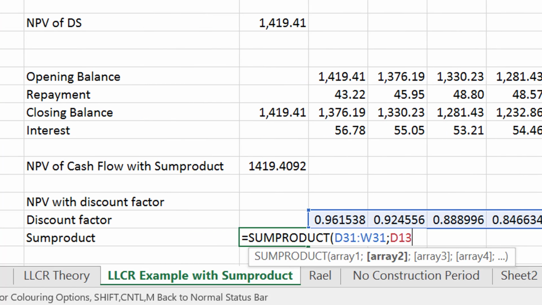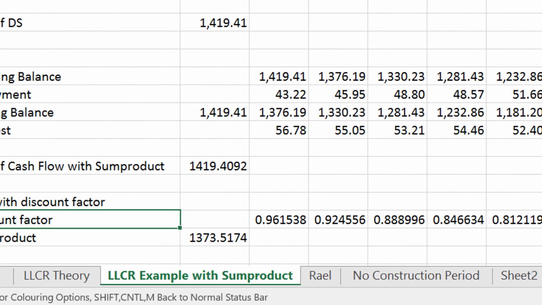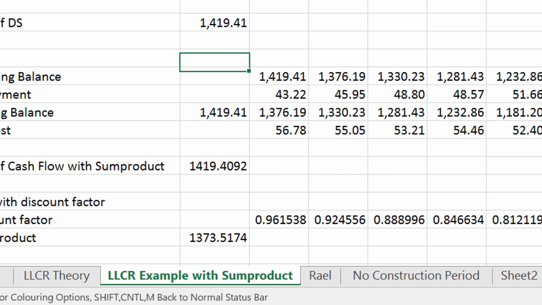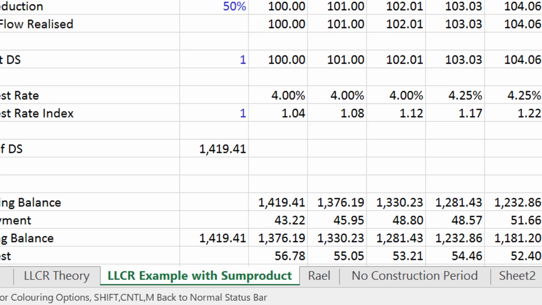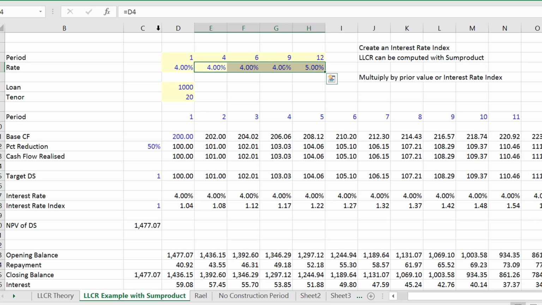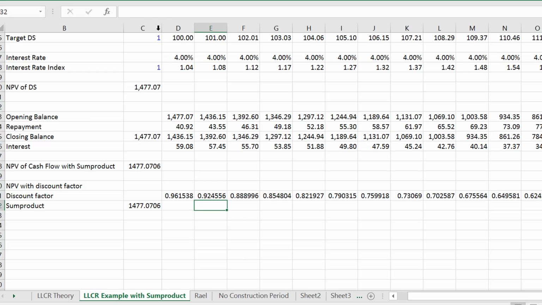Now the reason you cannot do this: if the interest rate was always the same, then everything would work and it would give you exactly the same answer.